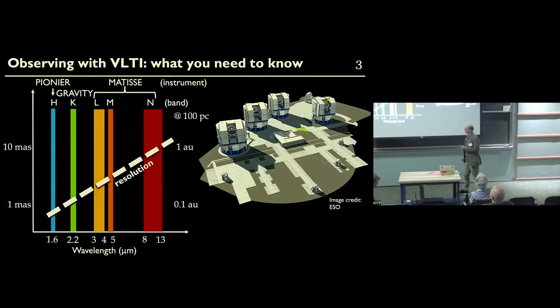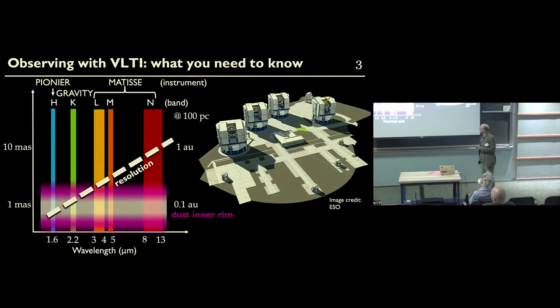First, the resolution. The resolution with the current baselines goes from about milliarcsecond resolution in the near-infrared to around 10 milliarcseconds in the N band, and translated to the nearest star-forming regions, this is 0.1 AU in the near-infrared and 1 AU in the mid-infrared.